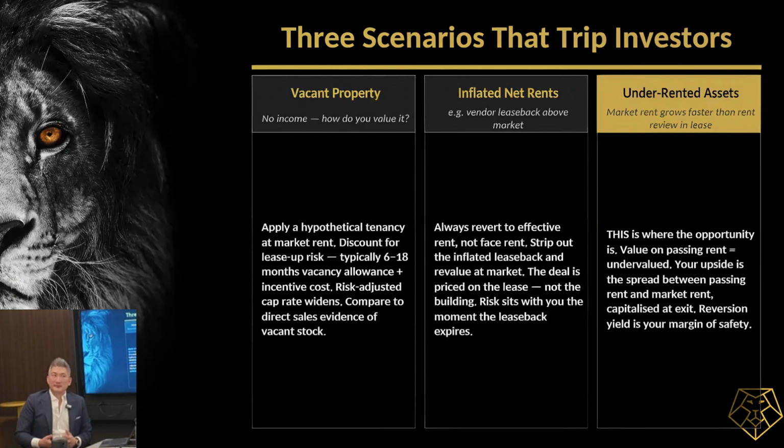Okay, so I think we're all very keen for the answer. Tell us what you'd do. Okay, well, I think it's all case by case, but I will be doing exactly what you guys are saying. I will be working out what the actual market rent should be for that property, and then apply that appropriate cap rate to the market rent, and then the surplus, I'll be looking at the strength of the tenant who's staying.